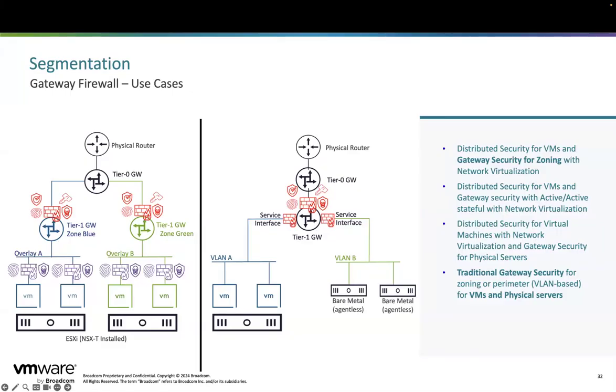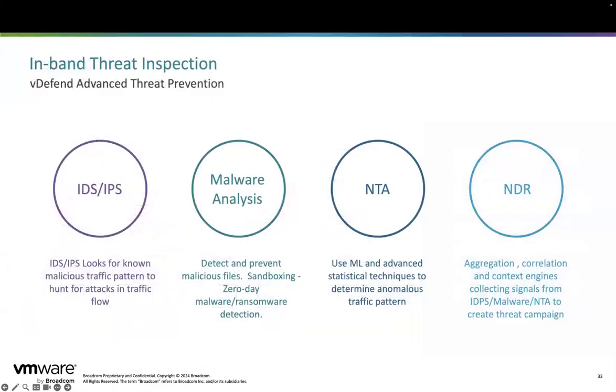So this is one of the ways that we can maintain a single policy manager, but impact not just VMs and containers, also physical machines. And then this is, of course, traditional gateway security for zoning or perimeter VLAN-based VMs and physical servers. So 4 common use cases. All right.